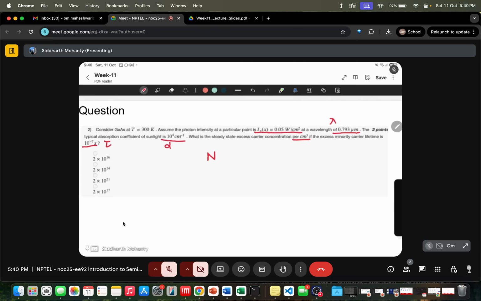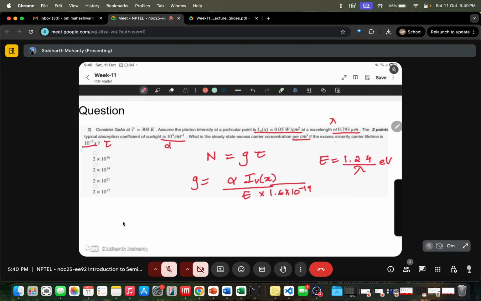So N will be generation rate times the minority carrier lifetime, right? And generation rate G is given as alpha times intensity divided by E, right? And E is 1.24 by lambda. This E needs to be in joule, this will be in electron volt.